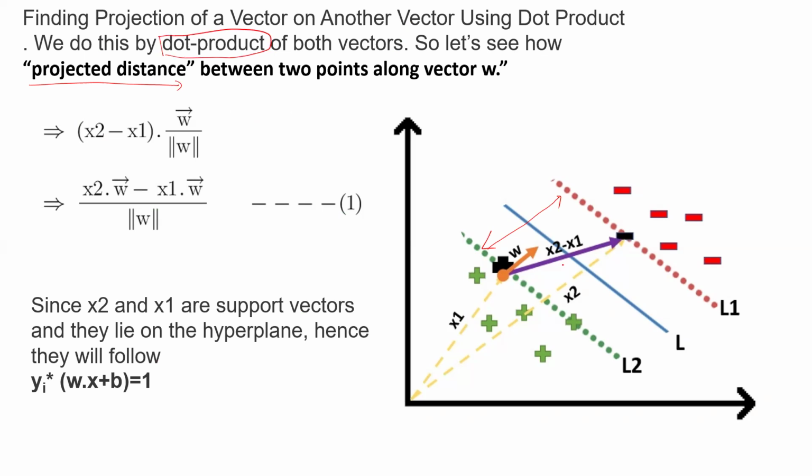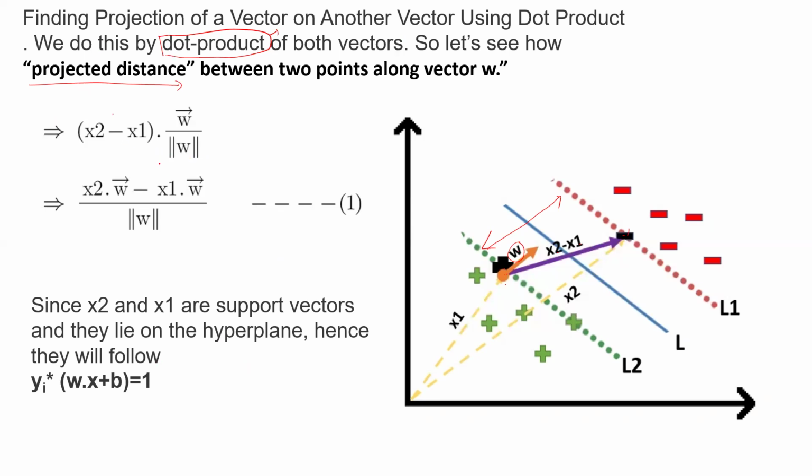Let's say this is one data point I am taking as x1. This is another one, x2. And here the distance between these two data points is x2 minus x1 and the direction is the w I have taken here. Okay, fine. For finding the distance while using vectors, we will use a simple formula: the dot product of that difference and the direction, divided by the magnitude.